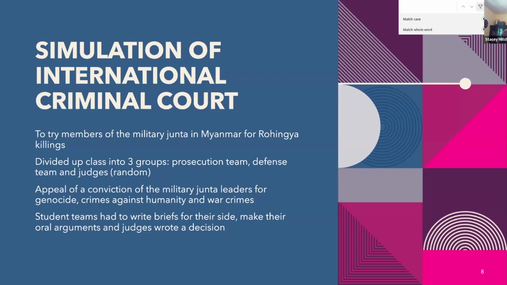So the defense team would make their argument, the prosecution team made theirs. And then we had the team of judges who had already looked at both briefs, right? And so they met, out of class, and discussed how they're going to decide. And so after we had the 2 oral arguments, we had them issue their decision.